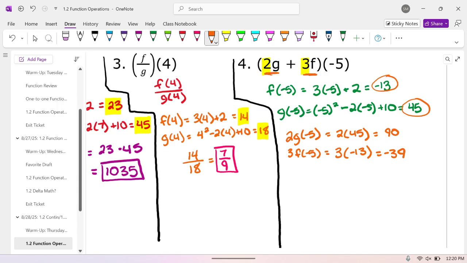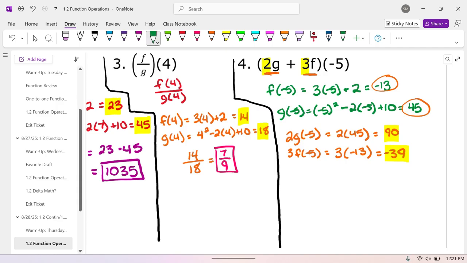So whenever you see that scalar in front, those little numbers in front of it, that's all you got to do. After you find just the f of -5 and the g of -5, you just got to multiply it by those two numbers separately. All right? So it's just one extra step than what we've been doing. And then finally, we got the numbers that we need to complete the actual operation, which is the addition.